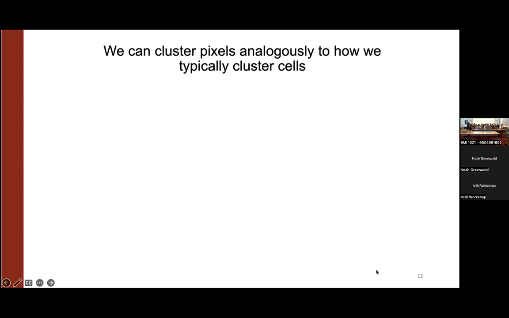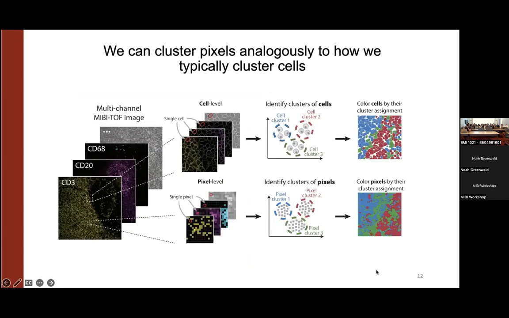So when thinking about how to do this, you can think about it analogously to how we would normally cluster cells. I'll be talking a lot more about this tomorrow, but what we typically do at the cell level is we extract our single cells from our images through cell segmentation, and then feed that into some unsupervised clustering algorithm. All an unsupervised clustering algorithm does is group cells together that are more similar to each other.